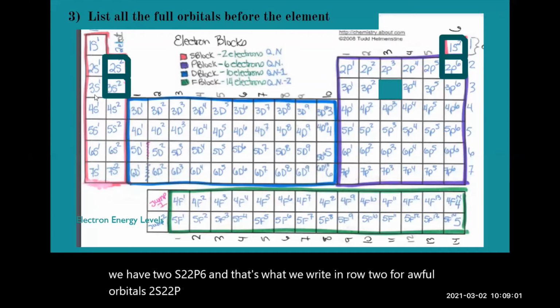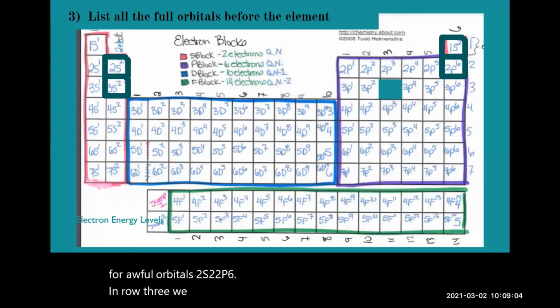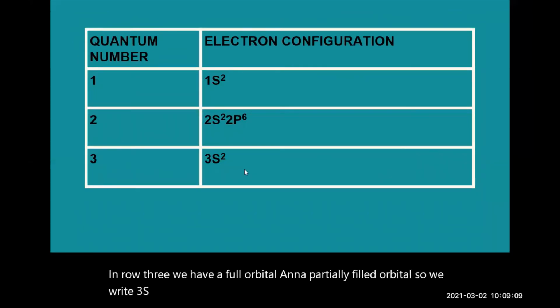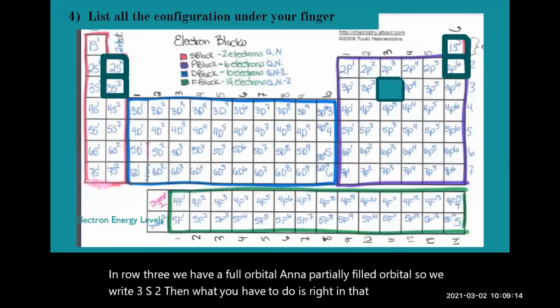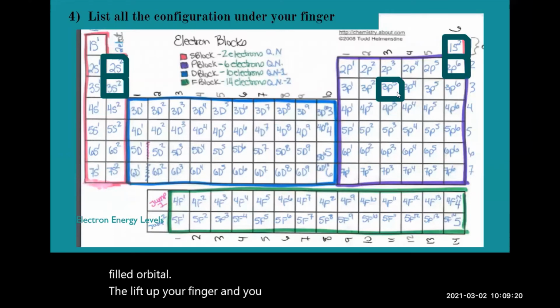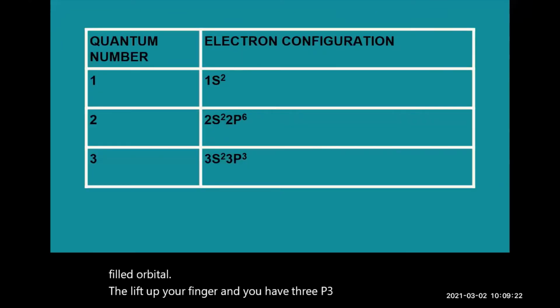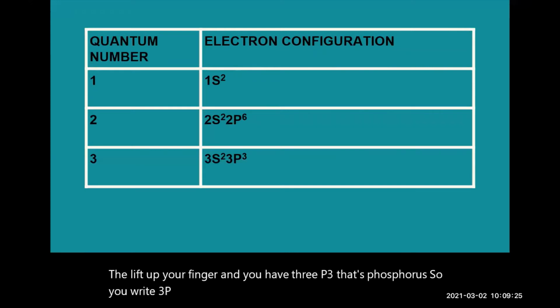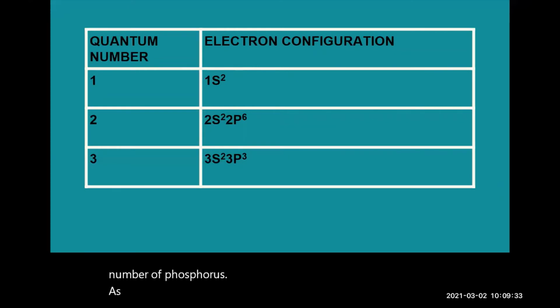In row 3, we have a full orbital and a partially filled orbital, so we write 3s2. Then what you have to do is write in that final partially filled orbital. So you lift up your finger and you have 3p3. That's phosphorus. And here's a good check. You look at the atomic number of phosphorus as being 10. Am I right? Nope, I'm not right. I don't have a periodic table in front of me. Apologies.